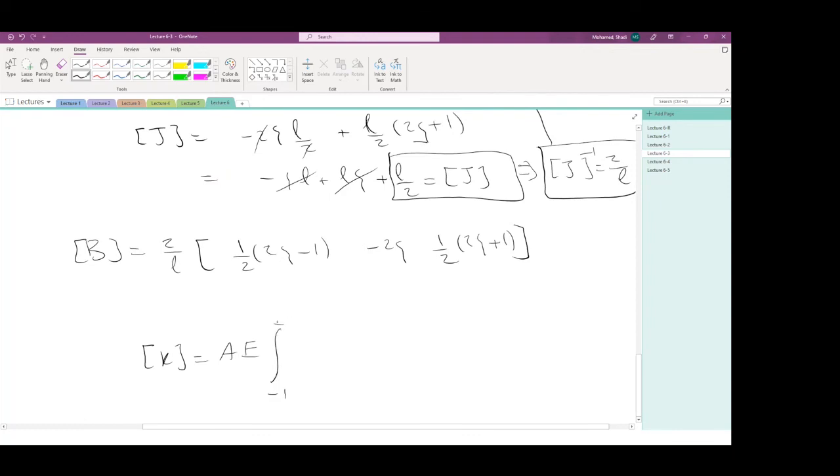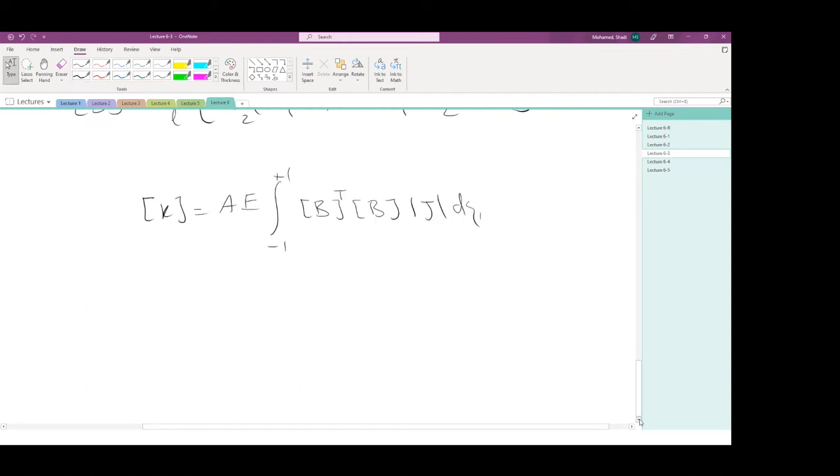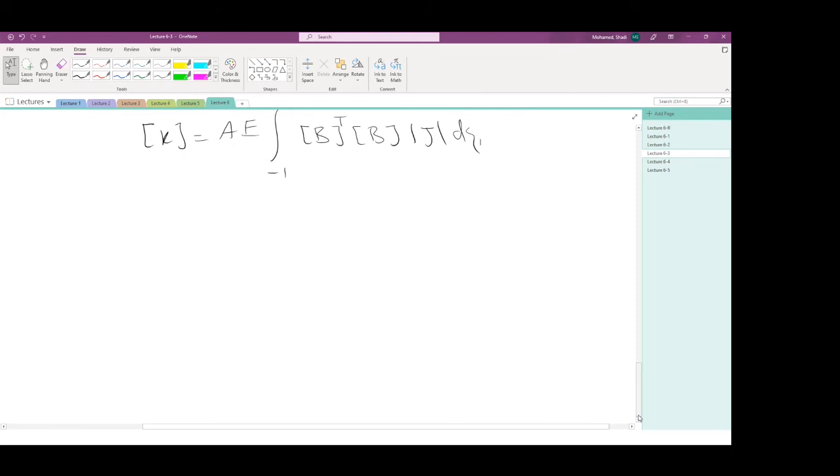Between -1 to +1, I have the B transpose multiplied by the B, multiplied by the determinant of the Jacobian, and the integral is happening over xi. So I've got the B matrix. I just need to multiply it and find the integral. I'm again going to probably just paste it here. I don't want to rewrite the whole thing.